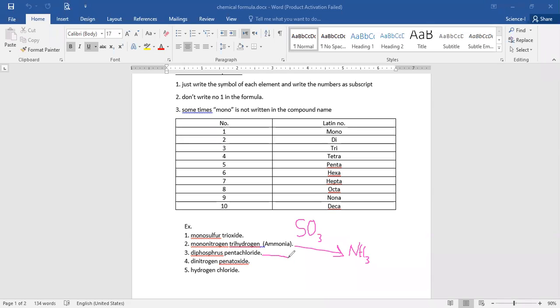So this one he asked: diphosphorus pentachloride. Diphosphorus pentachloride. So who can tell me about this, guys? Did we take this chemical, phosphorus? Yeah, phosphorus.